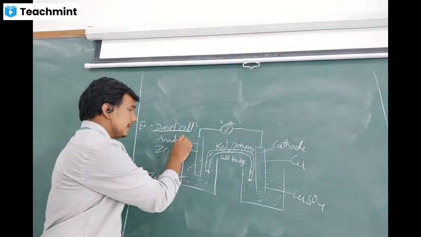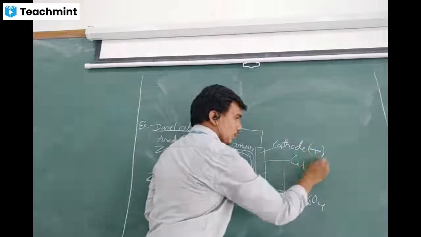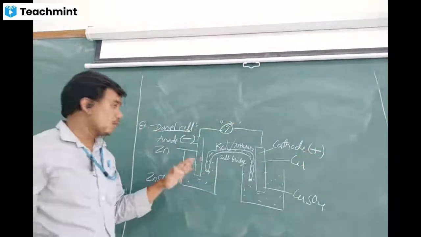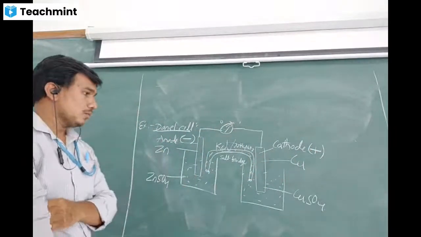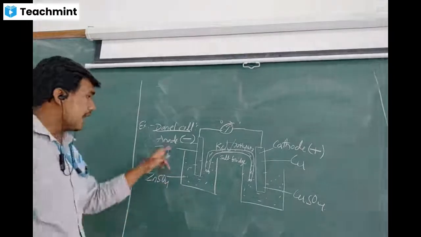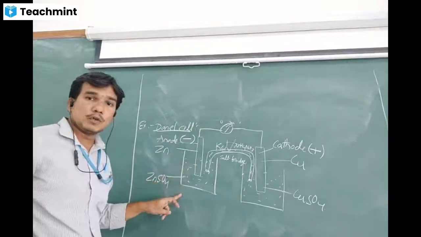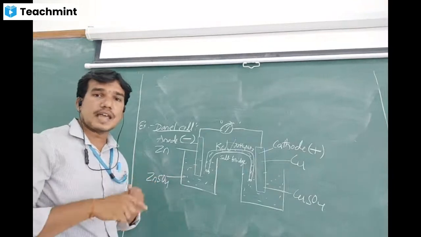Anode will be negative. Cathode will be positive. I will explain why we have to take it negative and why positive. Okay. Now you tell me the half cell reaction at the anode. Which reaction is going to take place? Whether it is an oxidation reaction or a reduction reaction.